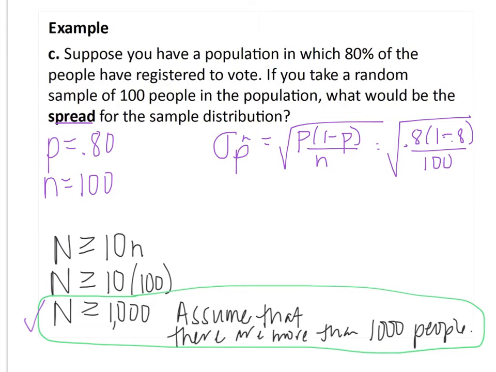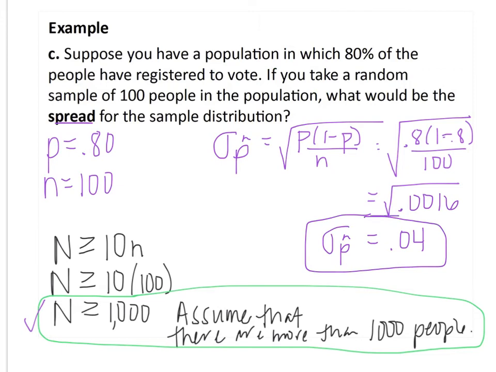When I do that in my calculator, I get the square root of 0.0016, and that gives me 0.04. So the standard deviation of p hat is 0.04. I was able to use this formula and get this standard deviation because I assumed that my population was at least 10 times as large as my sample.